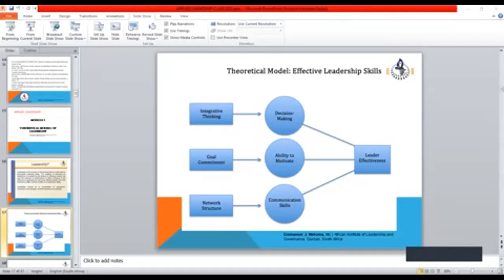Because you will not sell your juice based in the cup, or you will not be distributing in the cups. Otherwise, there will be no value to it. So, in network structure, we speak about communication skills. An effective leader must be good, number 1, in decision making, 2, ability to motivate, 3, communication skills.